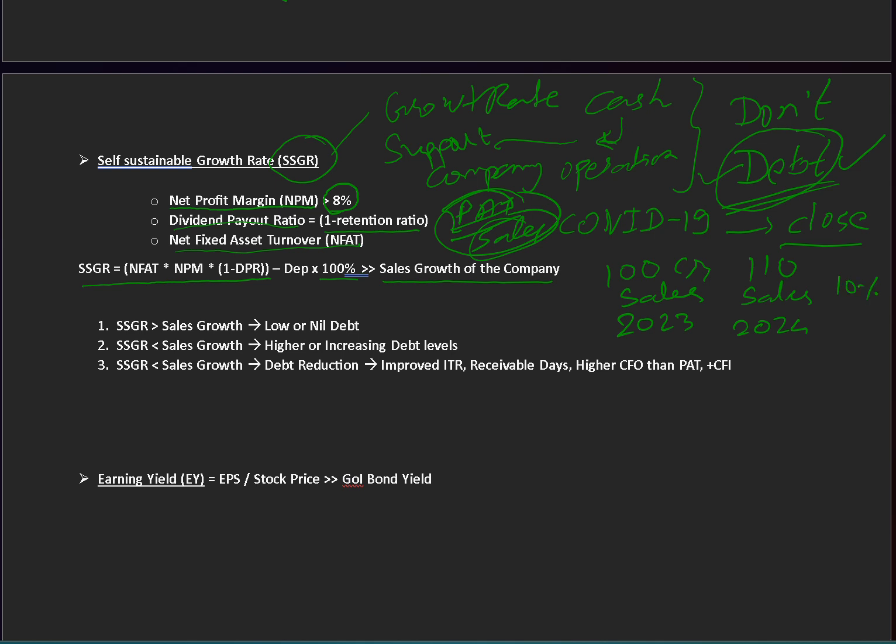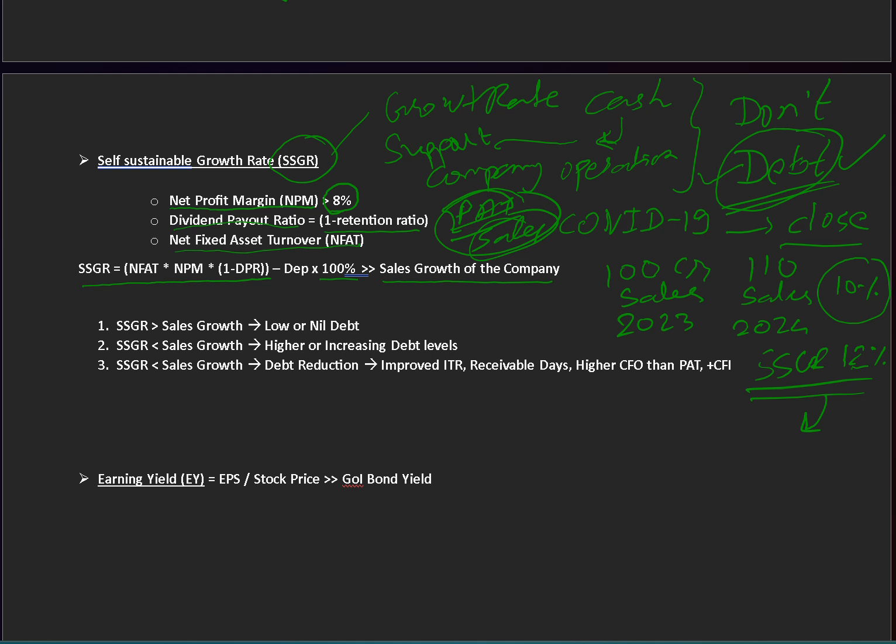So if the company's SSGR is say 12%, that means the entire operations of the company are fed through SSGR, and it is a sufficient margin, 2% extra margin is available. So even if the company's operations get a hit, the company is able to sustain its operations.